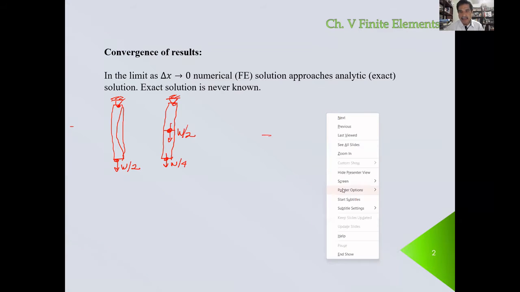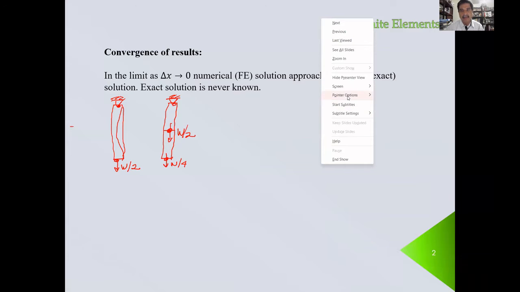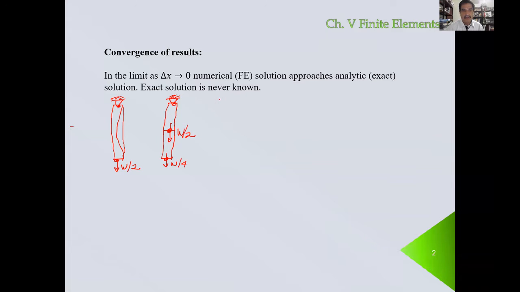Finally, in the homework, you had to do the next step, which was to analyze this using 4 elements. This is the same element, but we split it into 4.